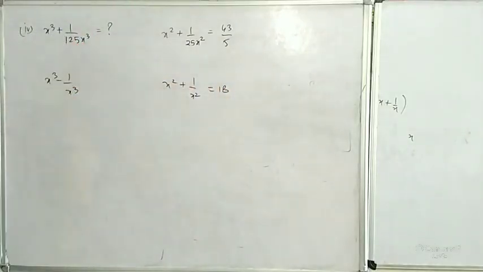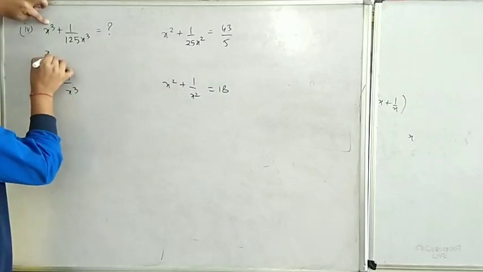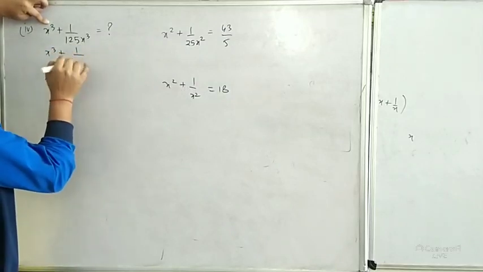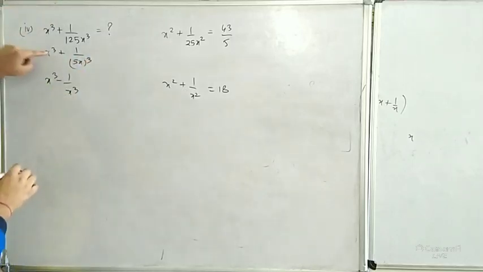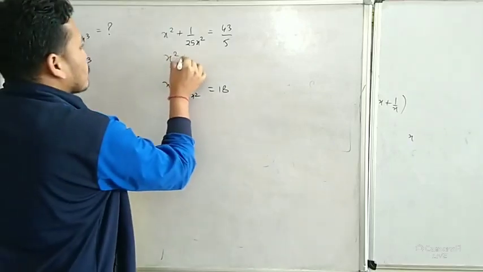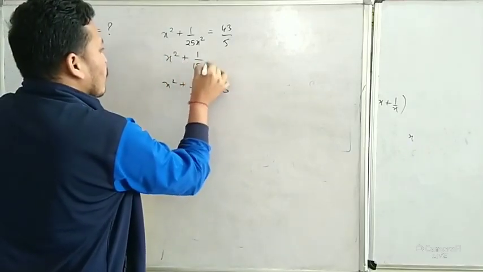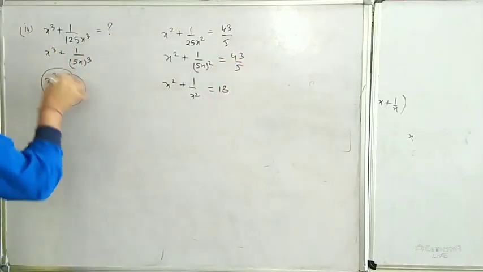But now this time the question is changed. Can we write this thing in terms of x plus 1 by 5x whole cube? x cube plus 1 by 125 x cube. Same here, can we write x square plus 1 by 25 x square as x plus 1 by 5x whole square, equal to 43 by 5? Now tell me, this is the repeated question.